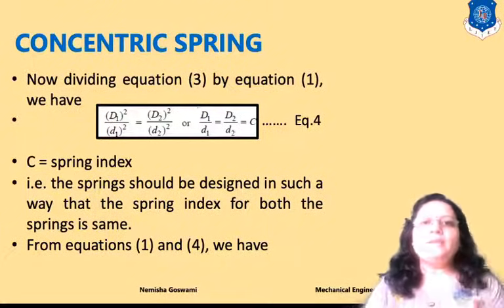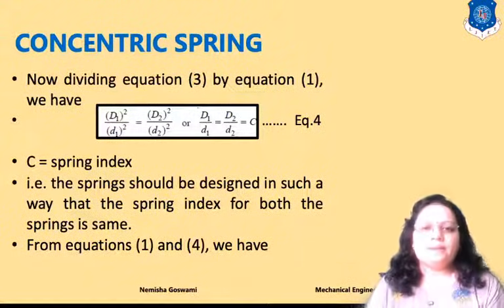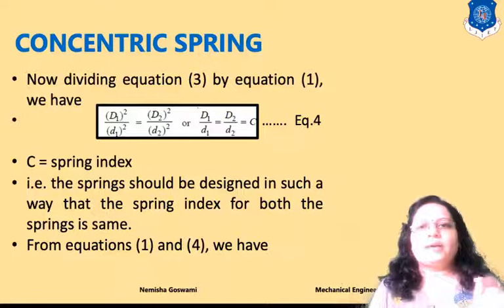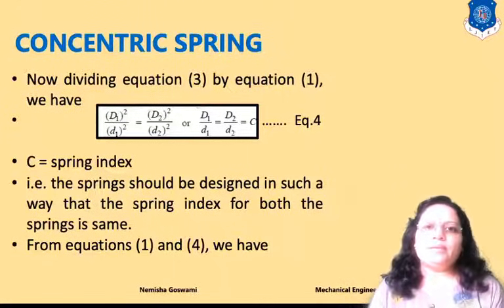Okay, so after dividing equation number 3 by equation number 1, we will get capital D1 squared divided by small d1 squared is equal to capital D2 squared divided by small d2 squared. So after solving this equation, we will get mean coil diameter divided by wire diameter for the outer spring is equal to capital D2 divided by small d2 for the inner spring, right?